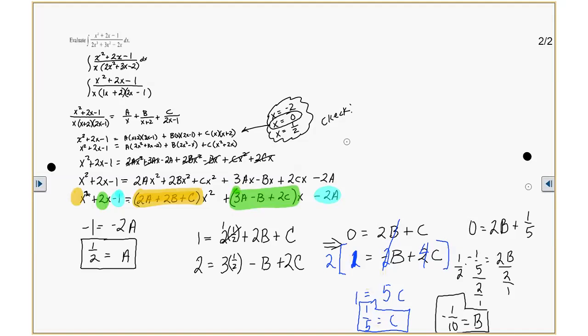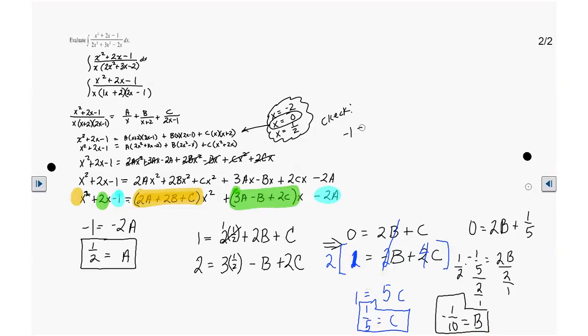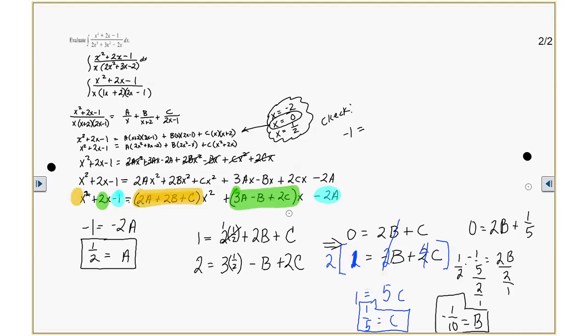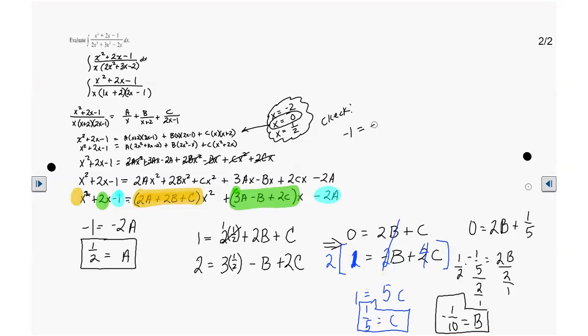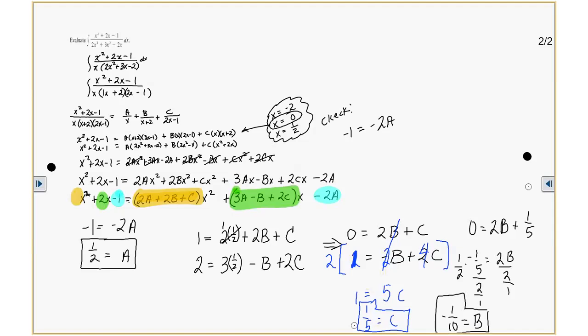0 plus 0 minus 1, so I'm going to get negative 1 is equal to, and I'm just going to use that A term because the B and the C cancel out. So that's going to be A times 2 times 1. So no, negative 1, right? So it'd be negative 2A. Is that what I got?